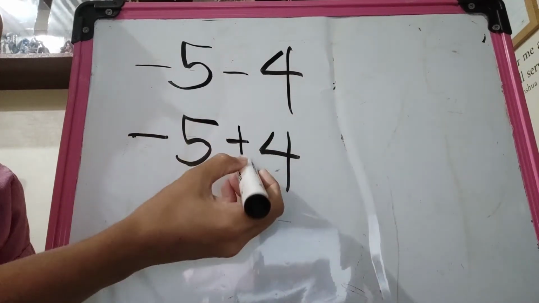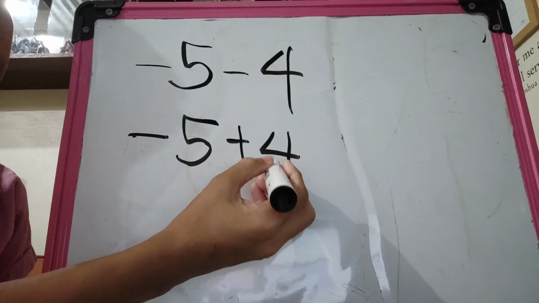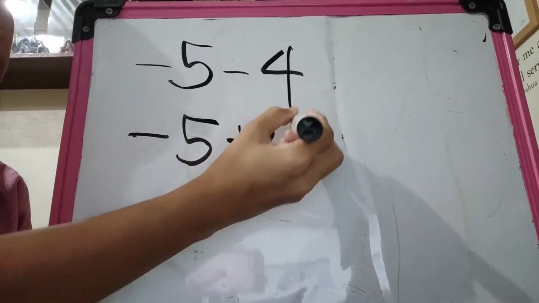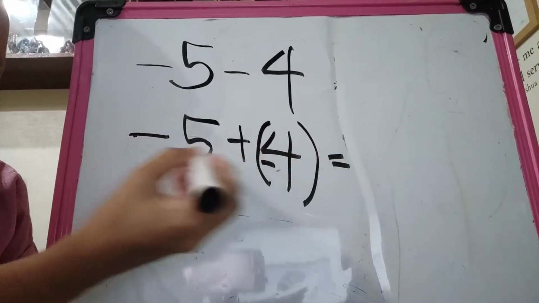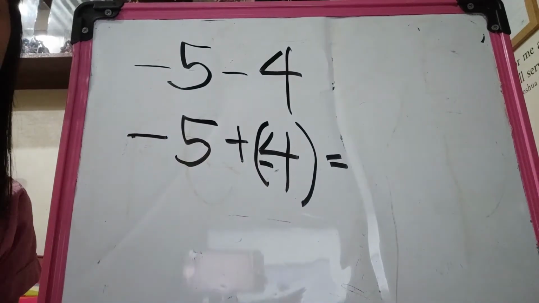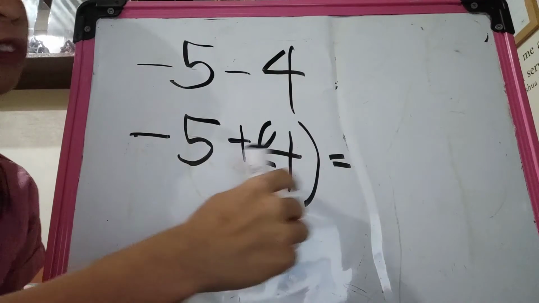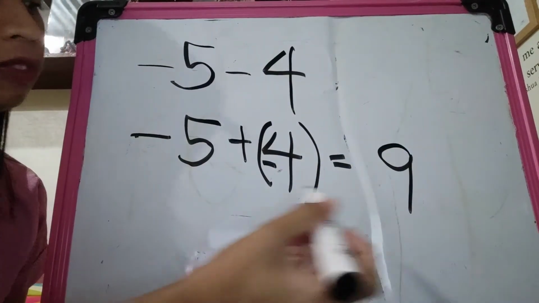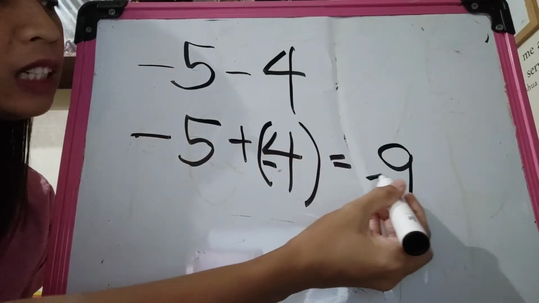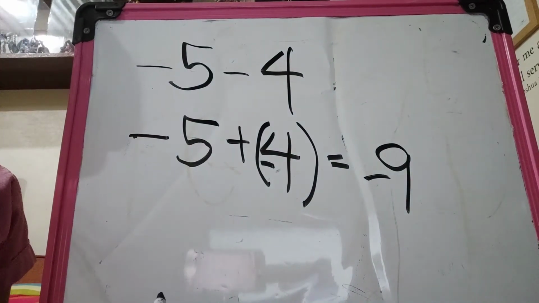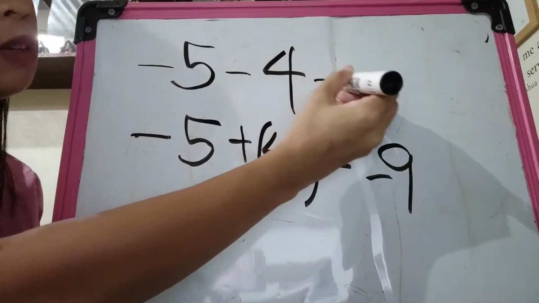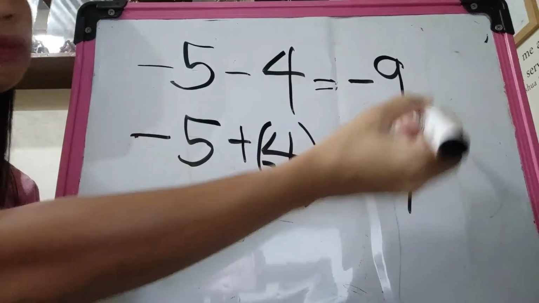Change the sign to addition, and then from positive 4, this will become negative 4. So this is negative 5 plus negative 4. Same sign, both negative. So add them. 5 plus 4 is 9. And the common sign is negative. So therefore, negative 5 minus 4 is equal to negative 9.